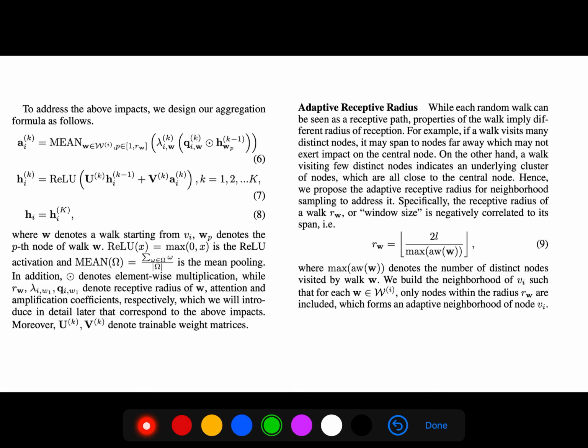While each random walk can be seen as a receptive path, properties of the walk imply different radii of reception. If a walk visits many distinct nodes, it may expand to nodes far away which may not exert impact on the central node. On the other hand, a walk visiting few distinct nodes indicates an underlying cluster of nodes which are all close to the central node.